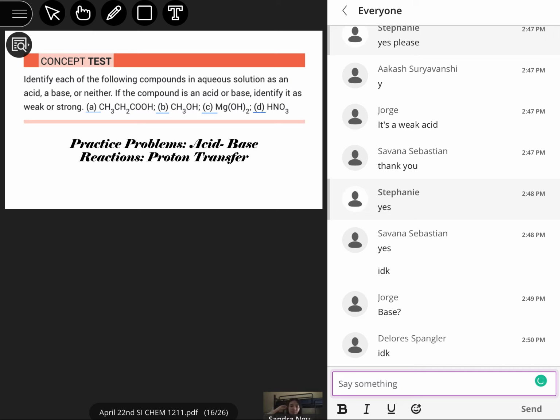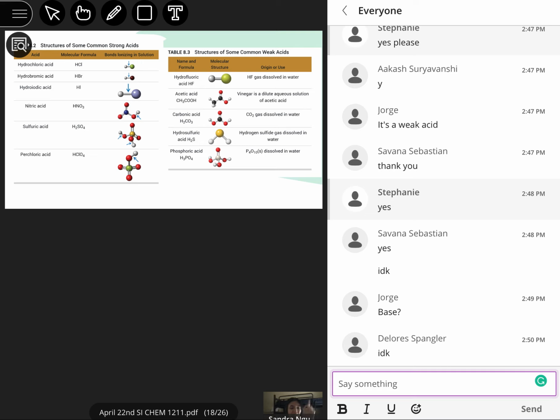Okay, so for this, I hate that they teach you this in Chem 1211, but there's a set of strong acids and strong bases, and the reason you would know whether it's an acid or a base is usually because of the way it's written. There's a list, and let me show you the list first. This is in your textbook, and it's very helpful.